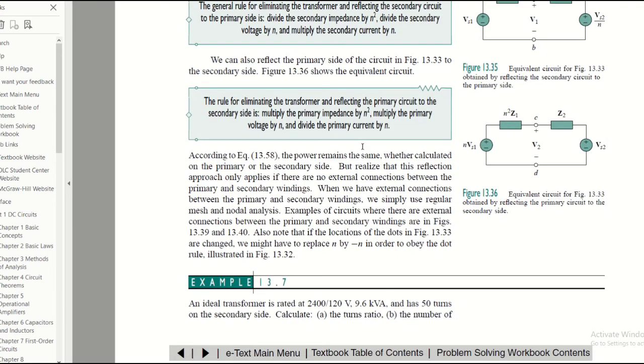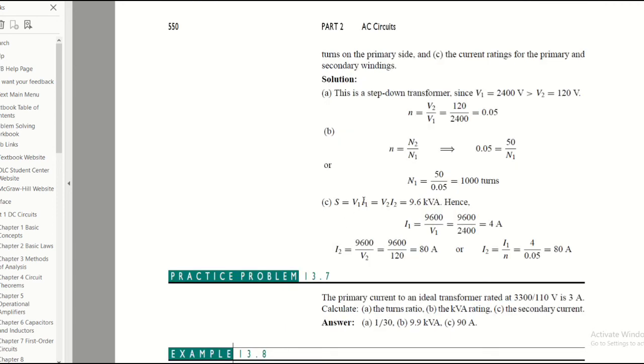If you look at the question, you see that it mentioned here 2400/120 volt. So this basically is the voltage in the primary and also at the secondary coil. So V1 is 2400 volt and V2 is 120 volt.